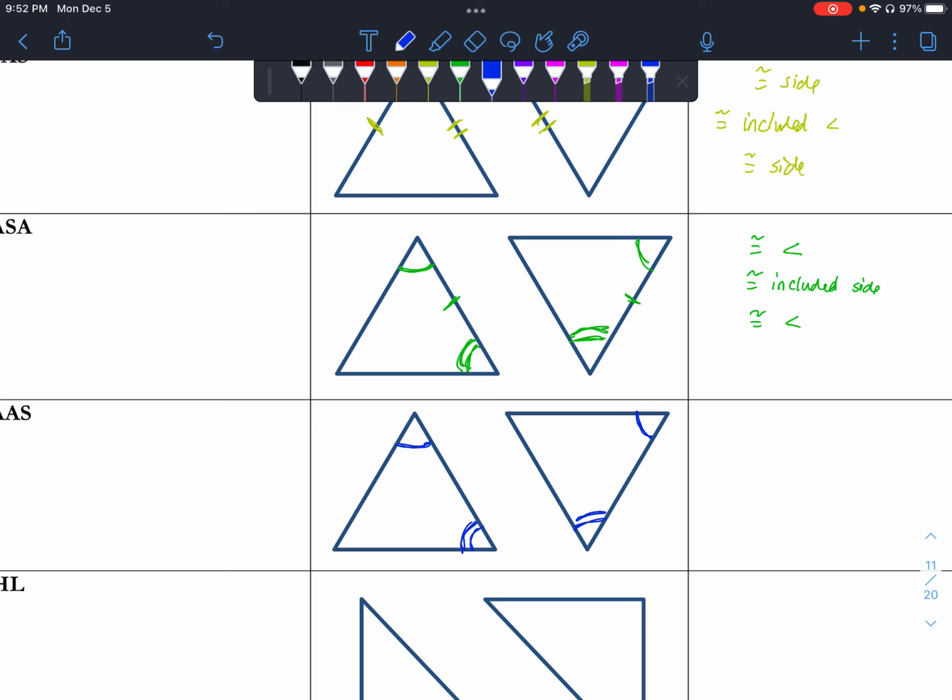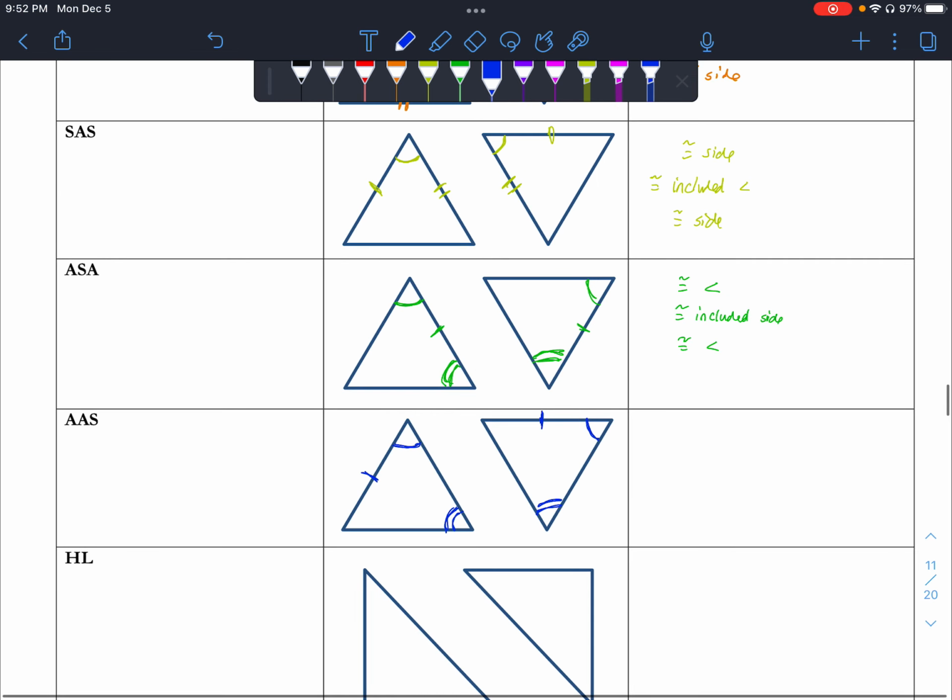For now, we need 2 of those sides to be not in between. And with that, we're again looking for a congruent angle, a congruent angle, and then any other congruent side as well.